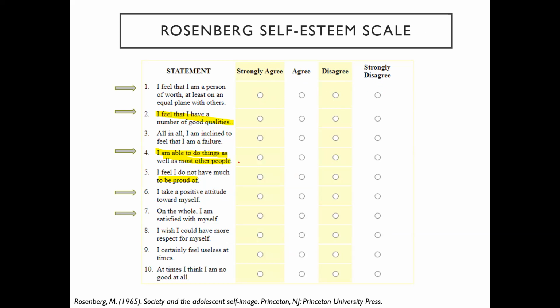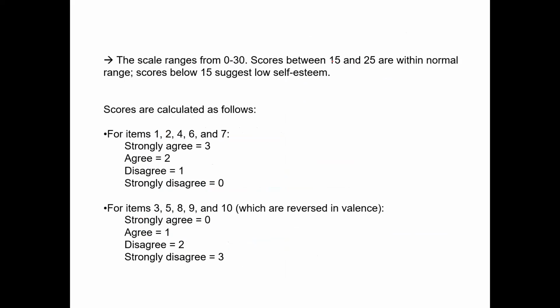And for the reverse items, it's the opposite. Then you compute the score for all the items so that each individual has a total score between 0 and 30. If you have scores below 15, that means you're categorized as having low self-esteem. Okay.